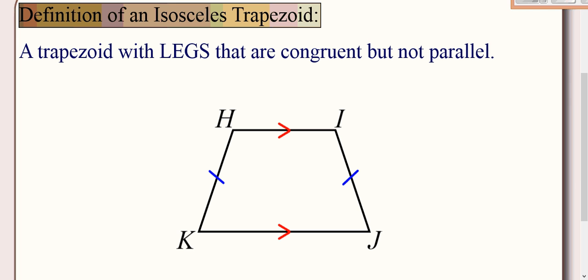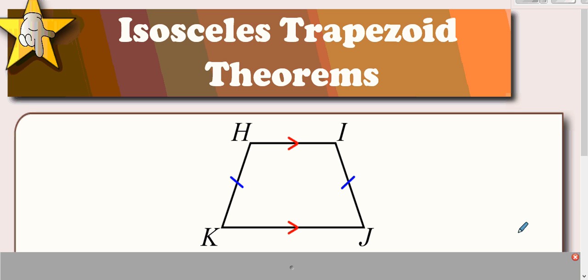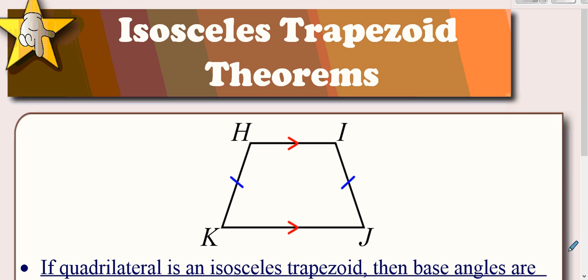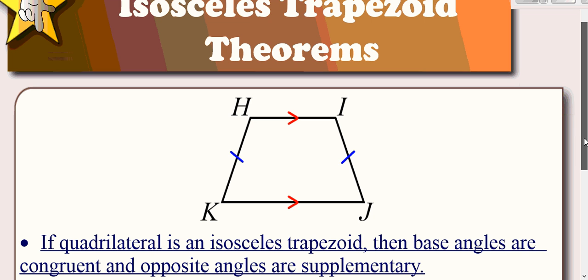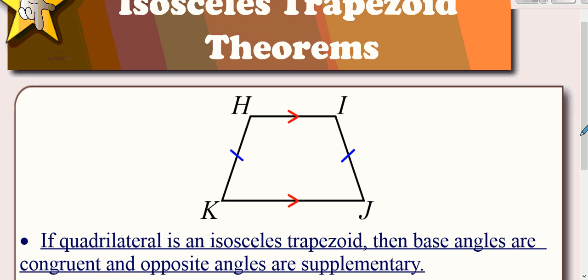So isosceles trapezoids have some special properties. So by definition, we've got to have parallel top and bottom. The two legs are congruent. What that means, just like isosceles triangles, the base angles are going to be congruent. The base angles will be congruent.